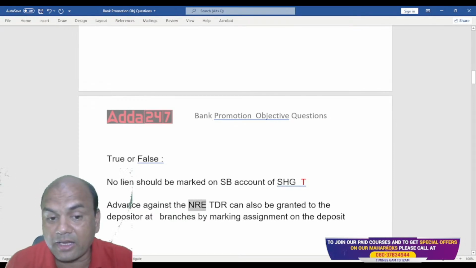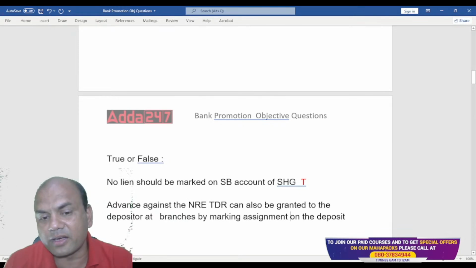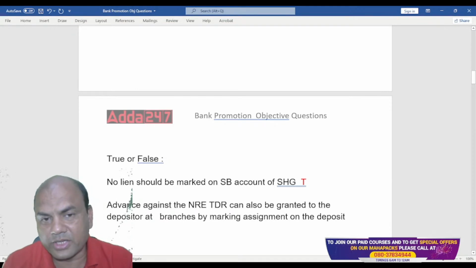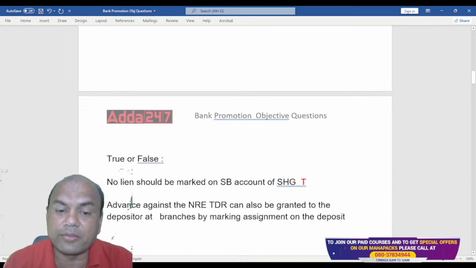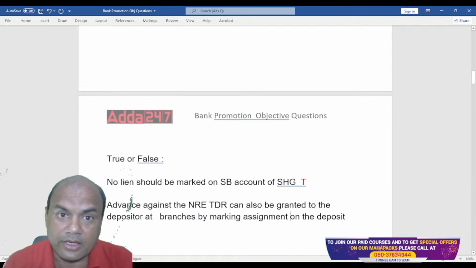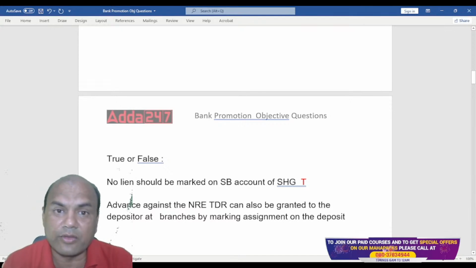Remember NRE, NRO, FCNR accounts. We have these three types of accounts. NRE can be of three types: savings account, current account, and FD account. NRO can be of three types: savings, current, and FD.